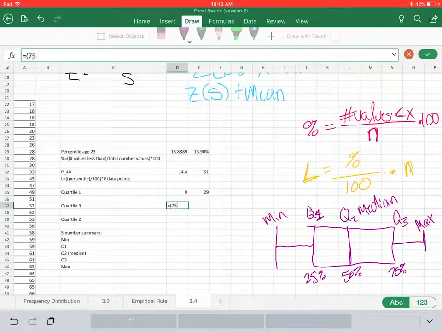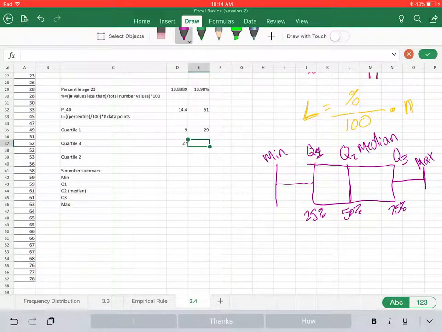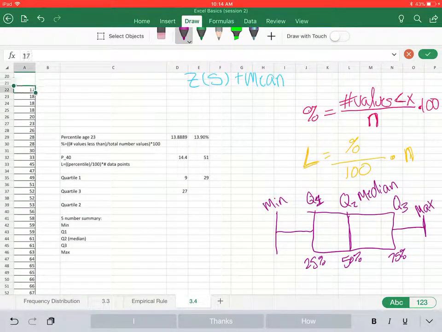So then quartile 3 is 75%, so 75 divided by 100, and then times the amount there is, so count will come here. And then we'll do that. And because it's a whole number again, we have to find the 27th value and the 28th value and average them.